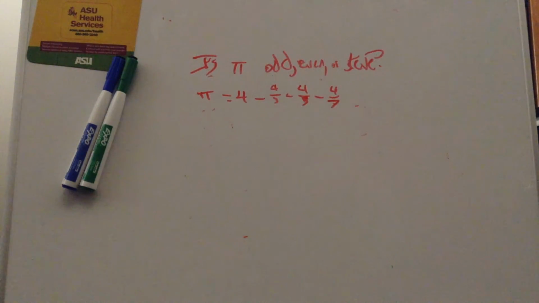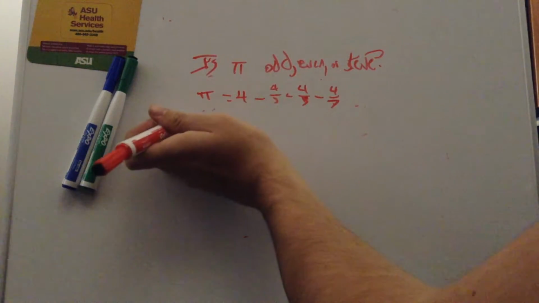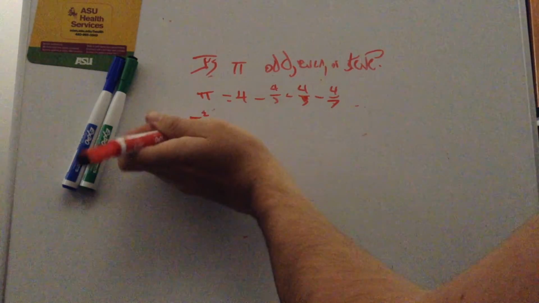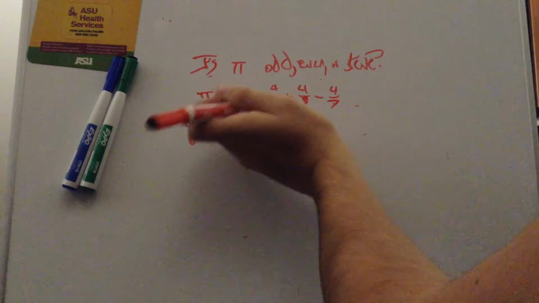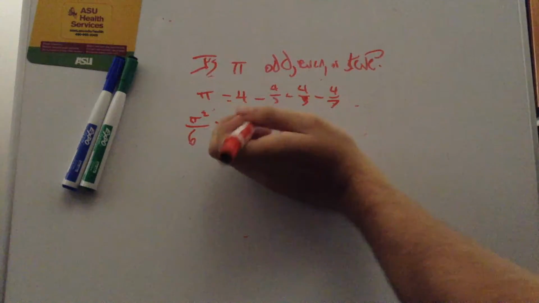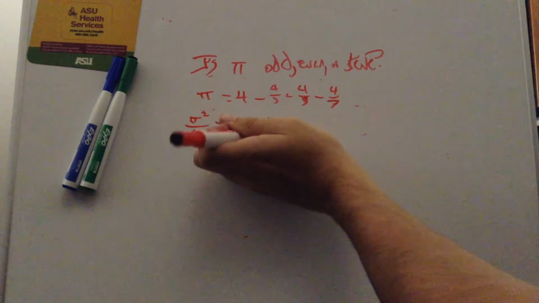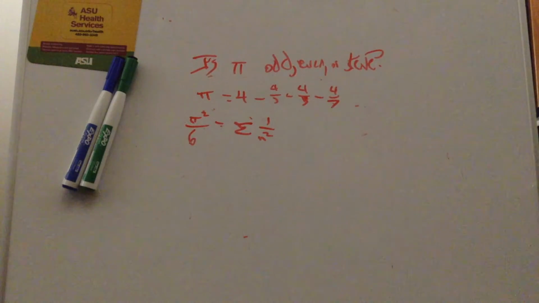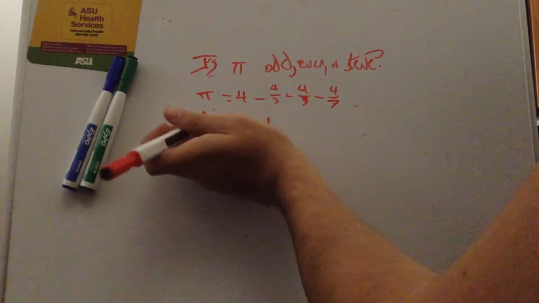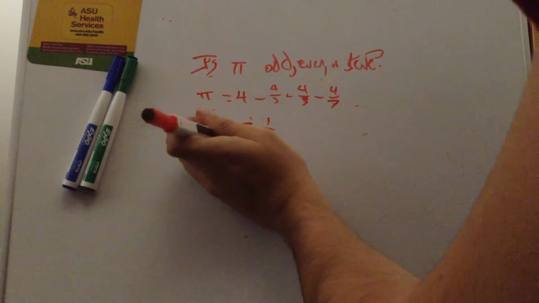But then we could try a different way to get pi. Pi squared over 6, as some of you may know, is 1 plus, well, it's the sum of 1 over n squared for positive integers n. But what if we just did it for odd?